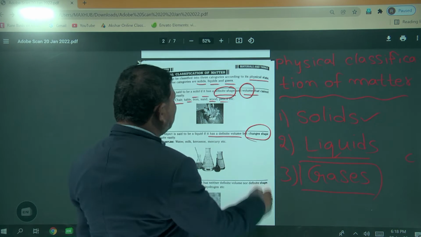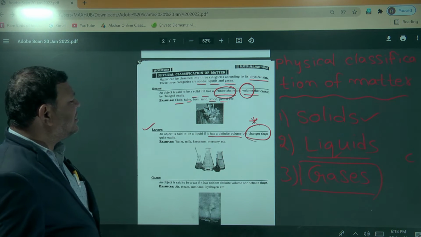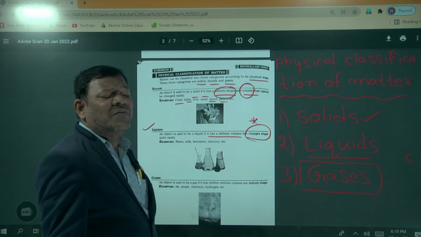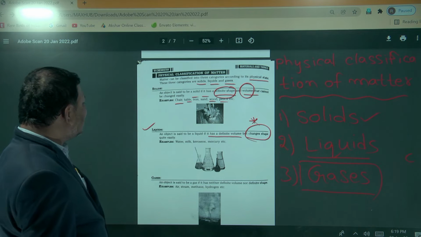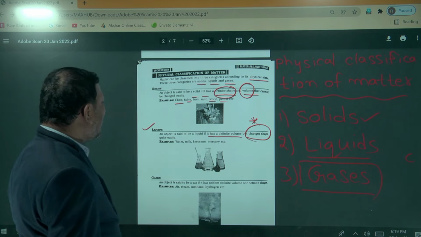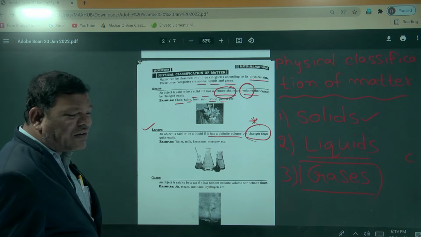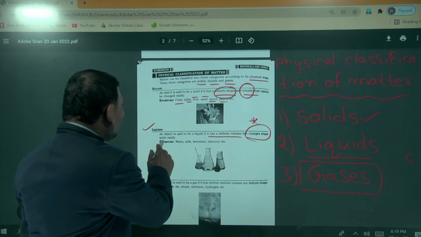That is the characteristic feature of the liquid. An object is said to be a liquid if it has a definite volume but changes its shape quite easily.